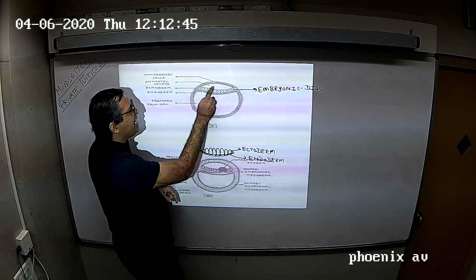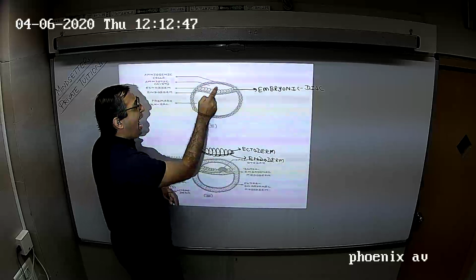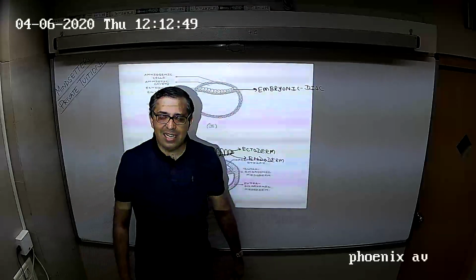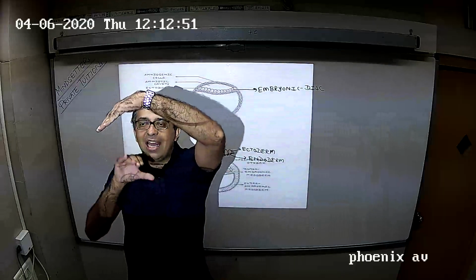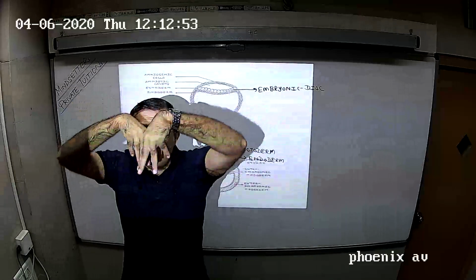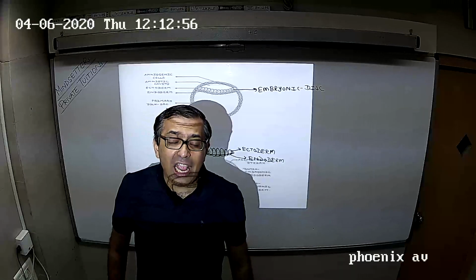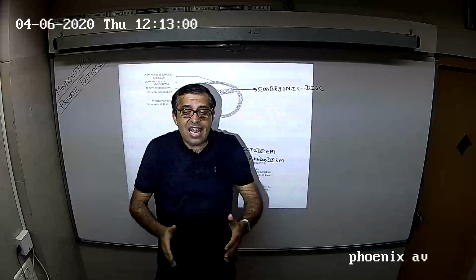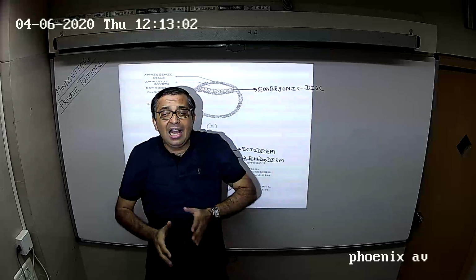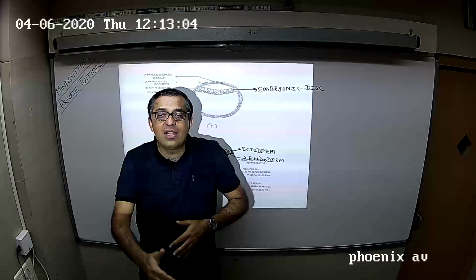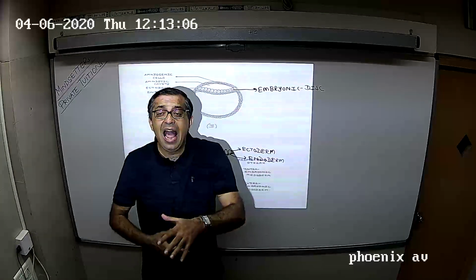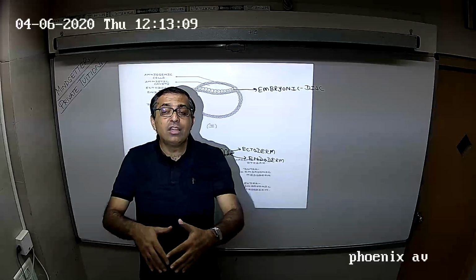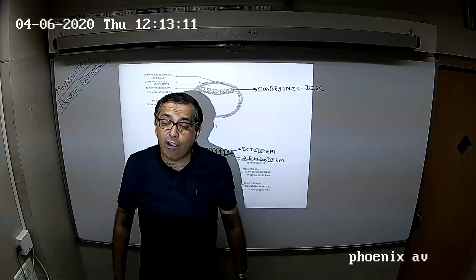That cavity is called the amniotic cavity, and the amniotic cavity gets filled with amniotic fluid which will in the future surround the entire fetus, and the baby nicely rotates in the cavity called amniotic cavity with a fluid called amniotic fluid.